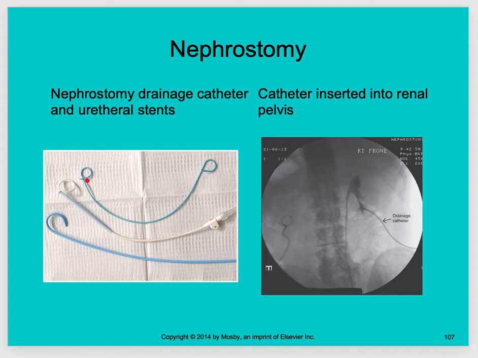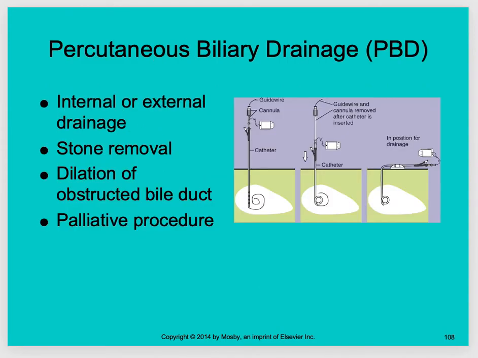Usually if they're going to run to the outside of the body, they run to the back, since the kidney's set in that retroperitoneal space. So they'll go in from the back into the kidney, and then that stent will be connected into a collection device that the patient can change on their own. So a catheter inserted into the renal pelvis, drainage catheter, and ureteral stents, just depending on what they're going to use.